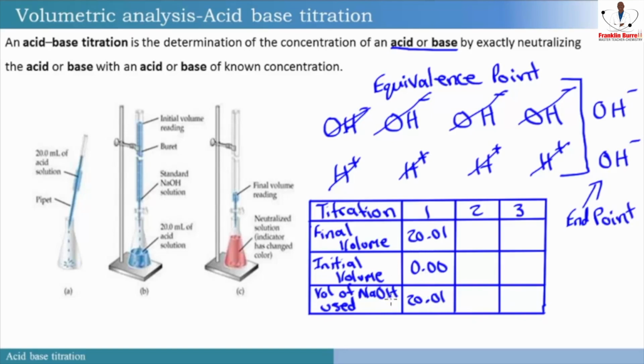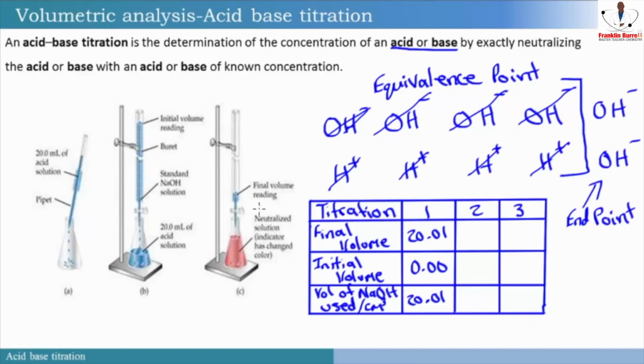The volume of sodium hydroxide used to neutralize this particular volume of acid is 20.01 cm cube. So we're going to have our unit in the table here, and so there's no need to put units in this section of the table.